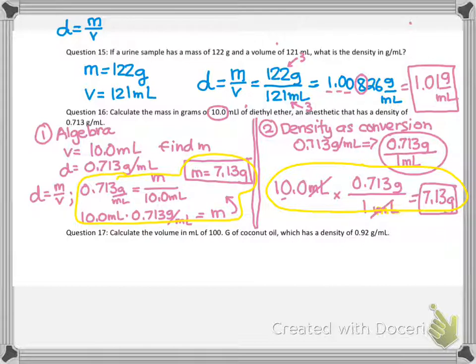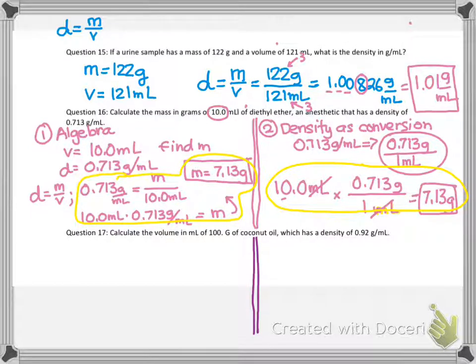You can either just solve your algebra, which is fine, that's way 1, or you can practice using density as a conversion and see how you do, and that's method 2. You don't need to know both methods. This is something you can really decide on your own by practicing, and seeing what helps you get the answers right.